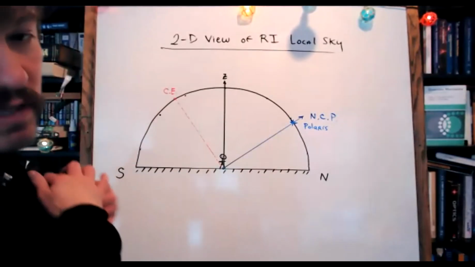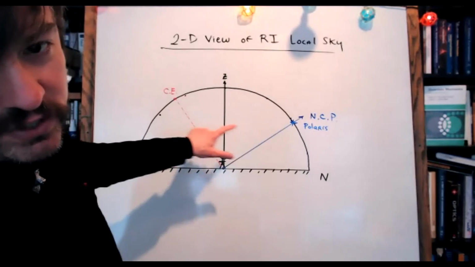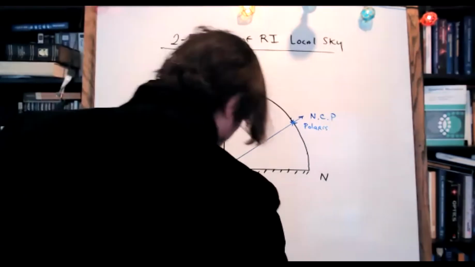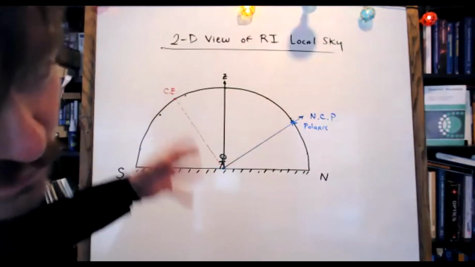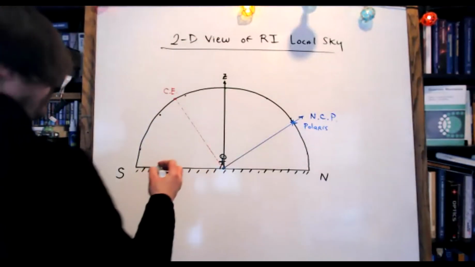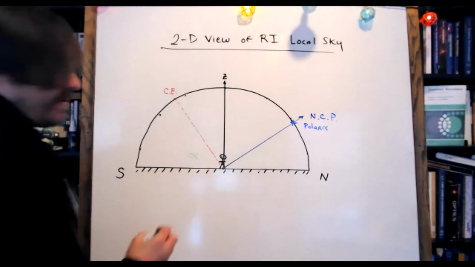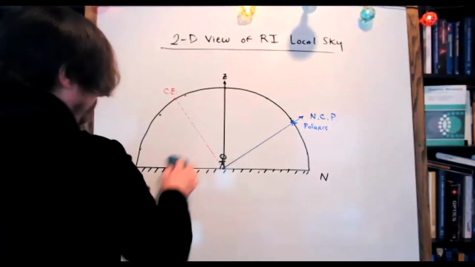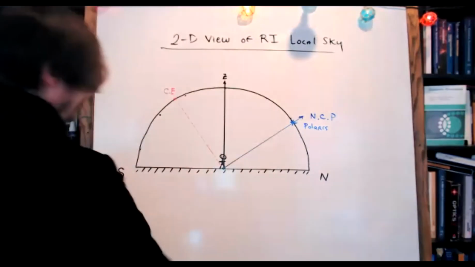All right, can you guys see that we have 1, 2, 3, 4 angles on our local sky here? I'm going to label those angles with the first 4 letters of the Greek alphabet. Alpha looks like a little Jesus fish. Let me see if this other green marker is a little bit darker here.